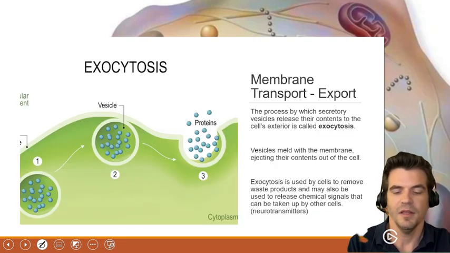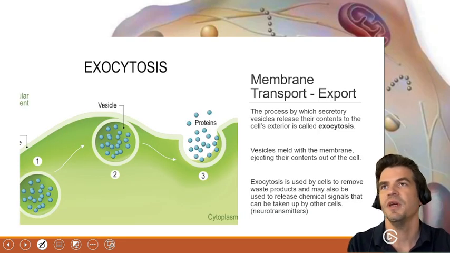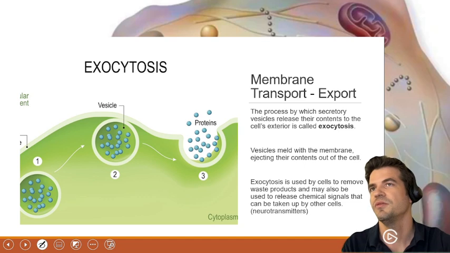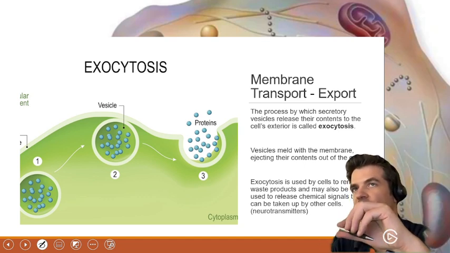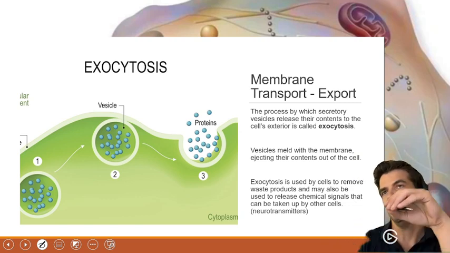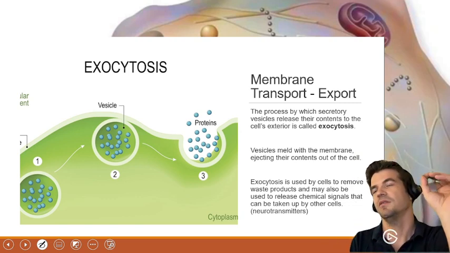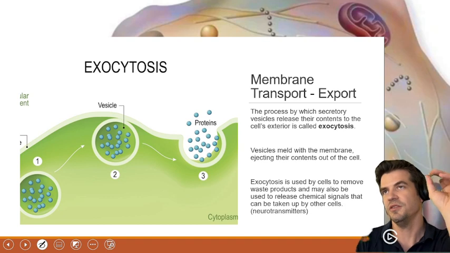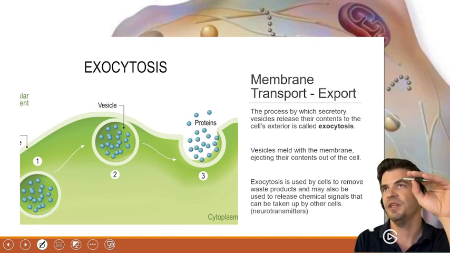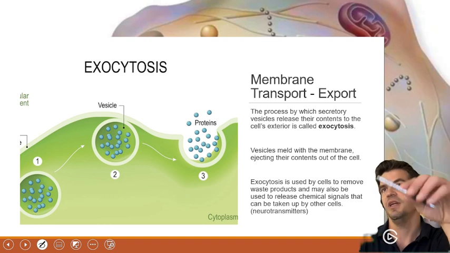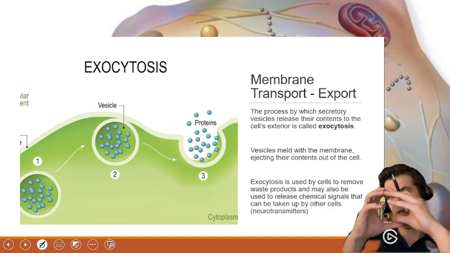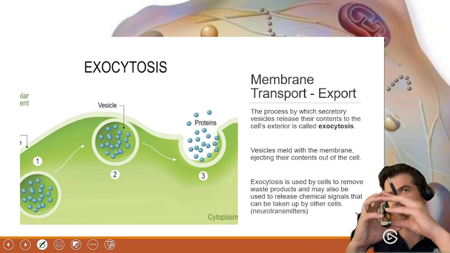Okay, and then we have exocytosis, what we mentioned briefly, where the vesicle can fuse outward and export contents, and this is going to release secretory vesicles out of the cell rather than a vesicle transporting to another cell.